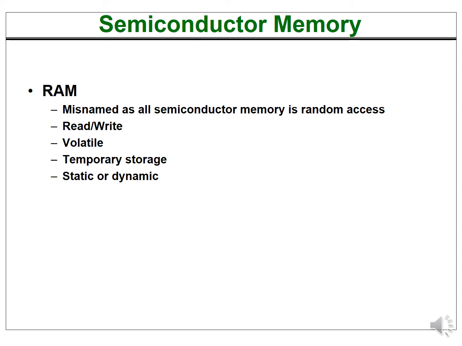So even the read-only memory is a random access memory. Earlier, in the very early stages, the read-only memory was created as a sequential memory, so from there the name has stuck. But RAM is a read-write memory. It is a volatile memory. That's why it is a temporary storage, and it can be static or dynamic, as we have discussed in the previous case.